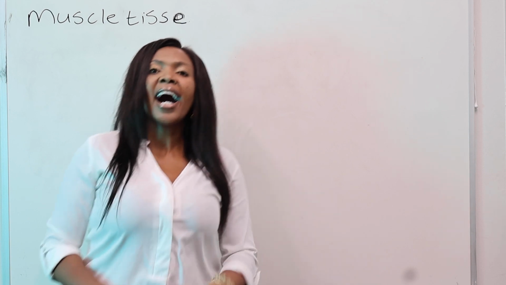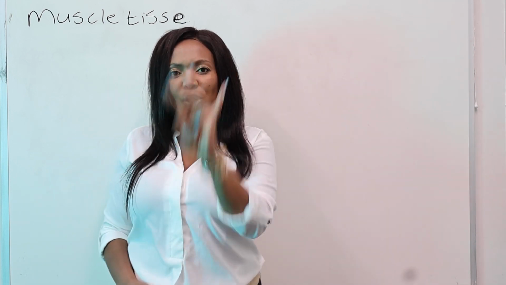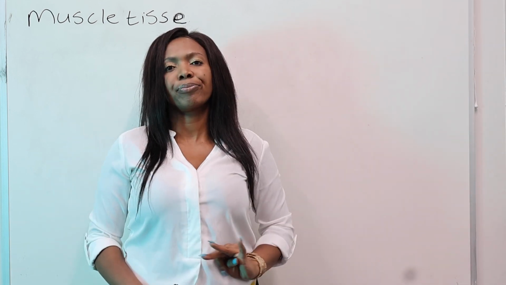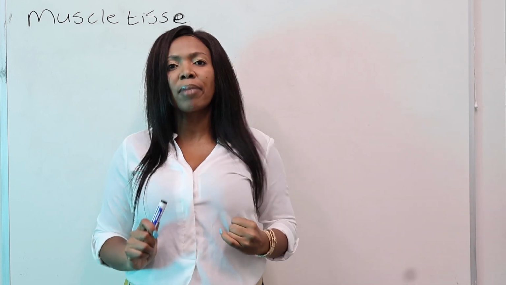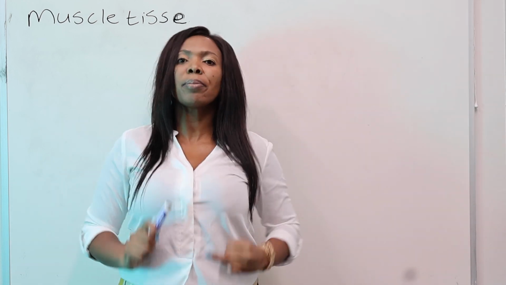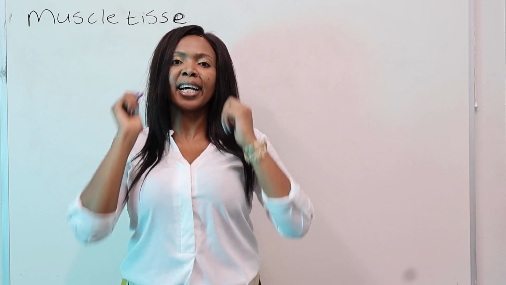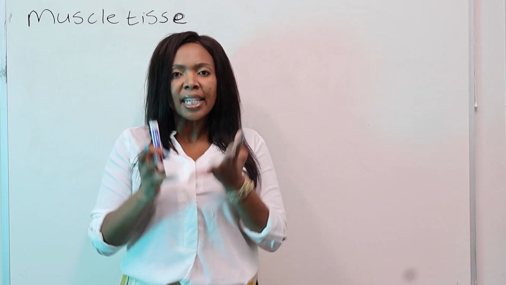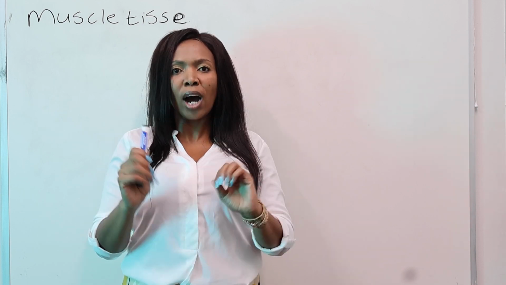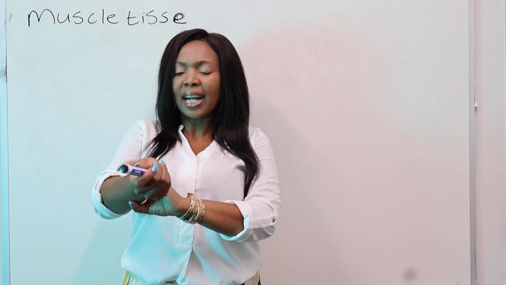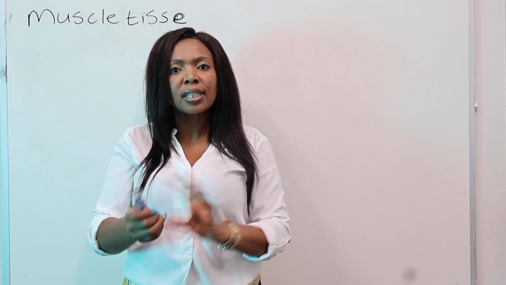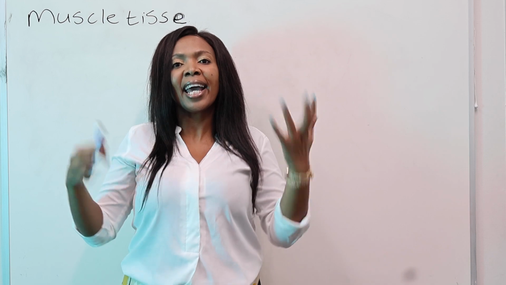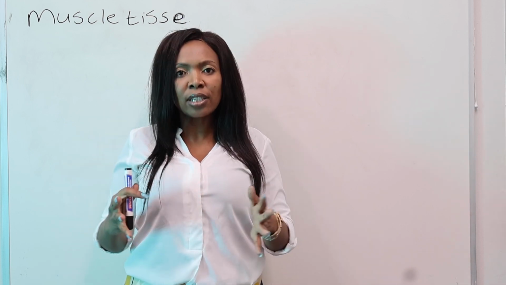Now, there are three types of muscles. We have skeletal muscle, smooth muscle, and the cardiac muscle. Skeletal muscle is found surrounding the bones in the appendicular and the axial skeleton.